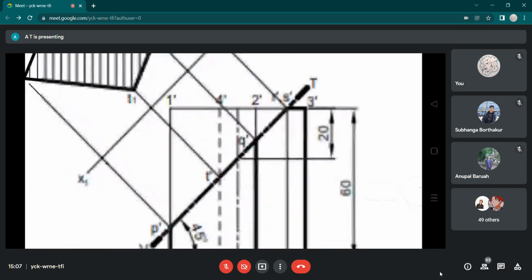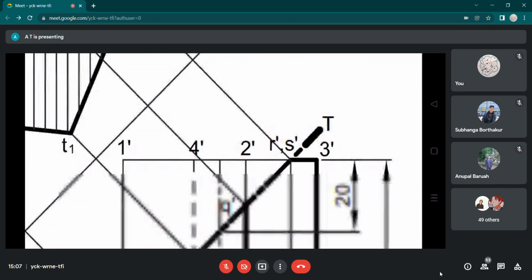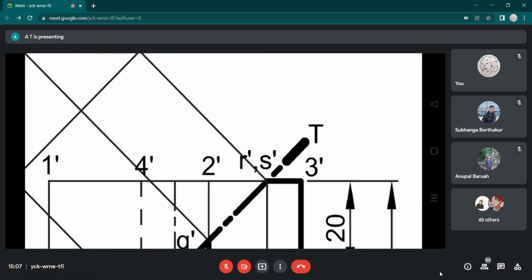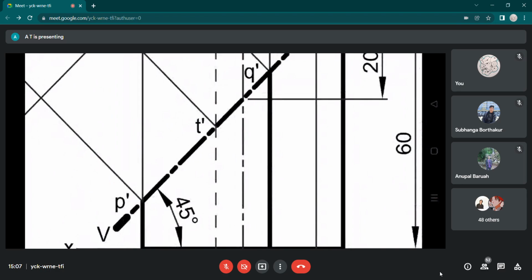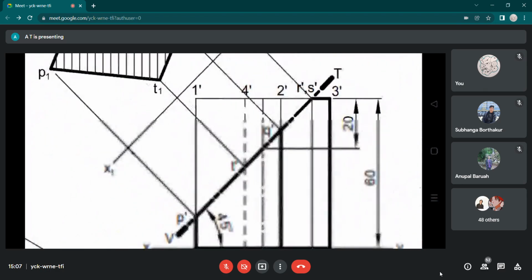It will cut 2 dash 3 dash exactly at R dash. You remember it, okay? You just remember it. I'll try to make it clear. At the 2 dash 3 dash edge, it will cut the 2 dash 3 dash edge at point R dash. So these points you need to remember here. Focus on these particular points.